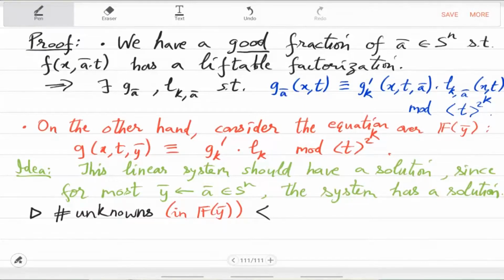Let me take that back. For G it is D times D. For L k, degree of x is at most D, but degree of t may go up to 2 raised to k minus 1.